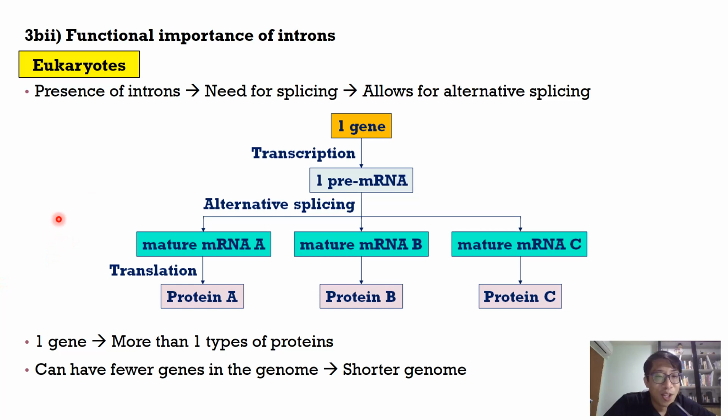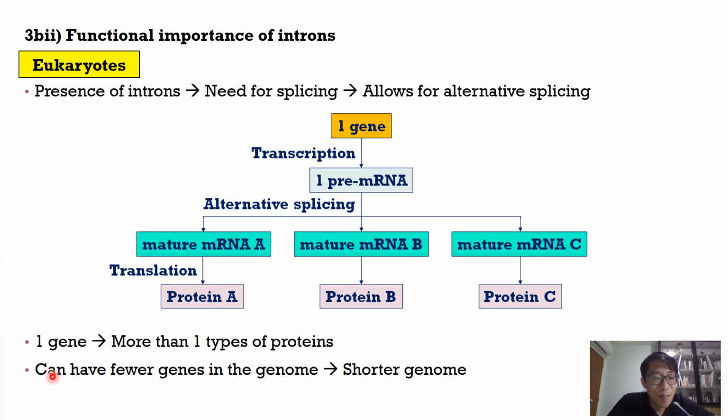So instead of one gene only coding for one protein, the process of alternative splicing, due to the presence of introns, allows for one gene to code for more than one protein.